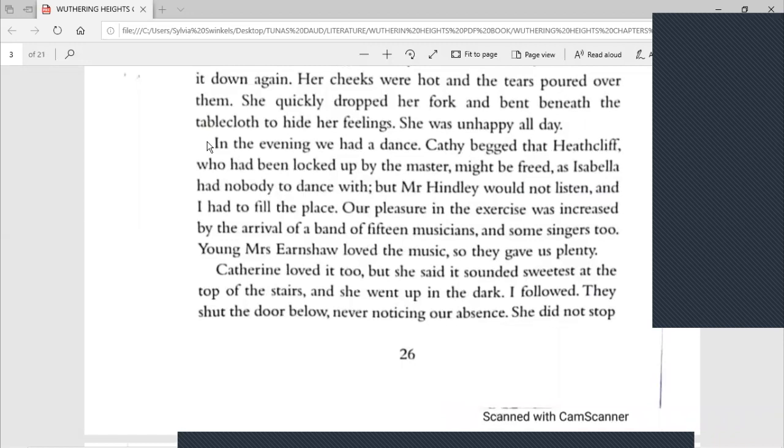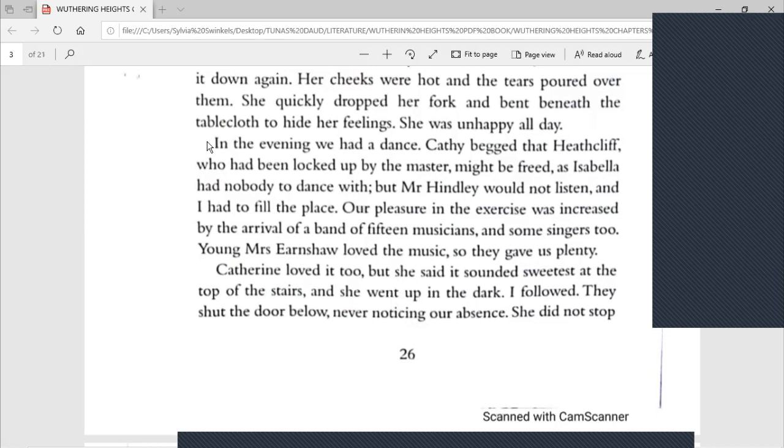Okay. In the evening, we had a dance. Katy begged that Heathcliff, who had been locked up by the master, might be freed, as Isabella had nobody to dance with. But Mr. Hindley would not listen, and I had to fill the place. Our pleasure in the exercise was increased by the arrival of a band of 15 musicians and some singers too.